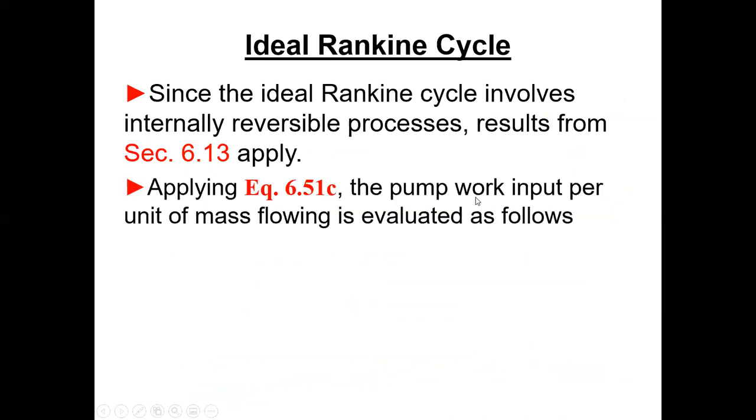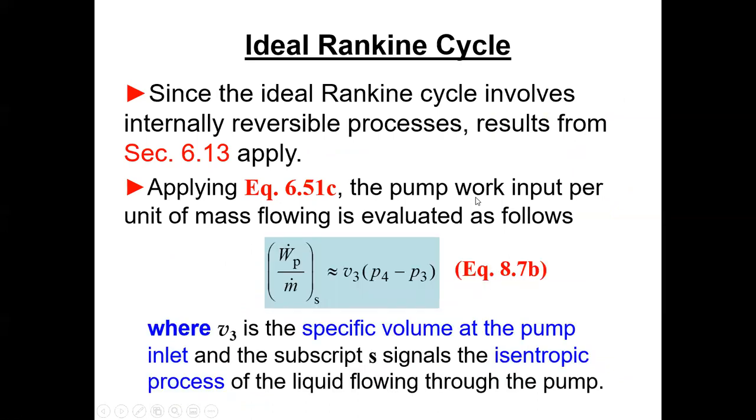Okay, since the ideal Rankine cycle involves internally reversible processes, the result, this is from section 6.13 in your thermal book, we'll see the result is applying equation 6.51c, the pump work per unit mass flowing through is evaluated as. Okay, so you need to note this equation.